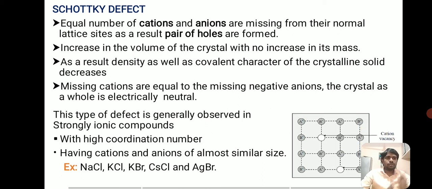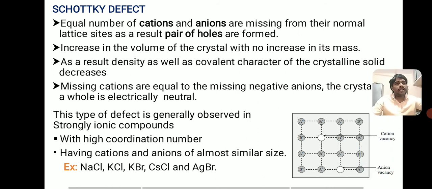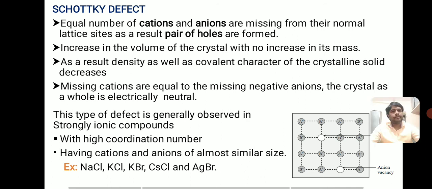You can observe in this picture the missing of cations as well as anions, an equal number of cations and anions. See, in the second row missing of cation and in the last row missing of anion takes place. That is cation vacancy and anion vacancy.